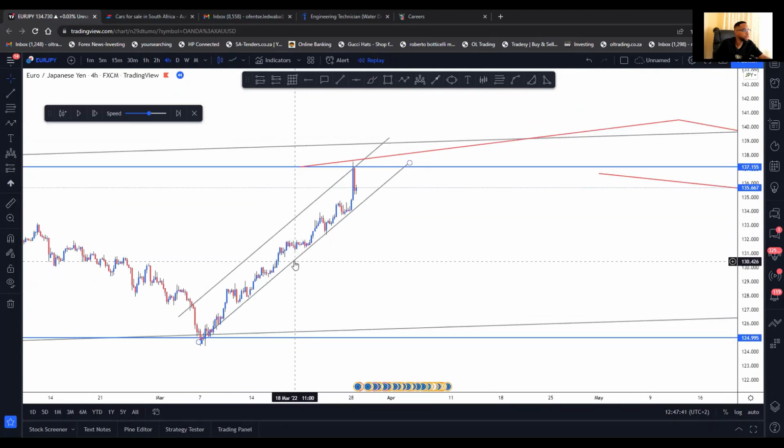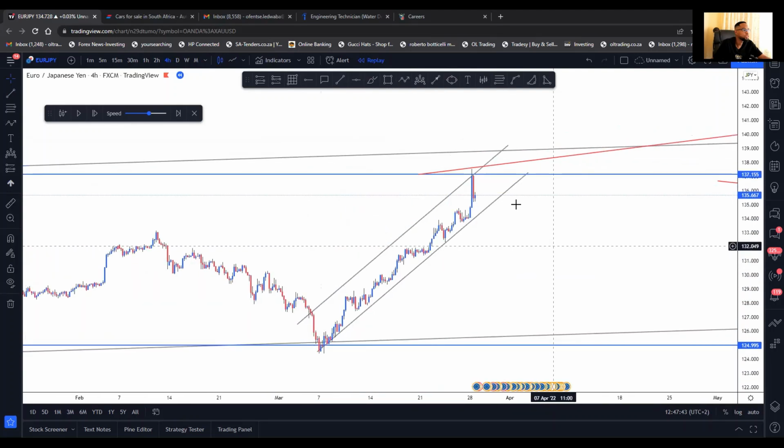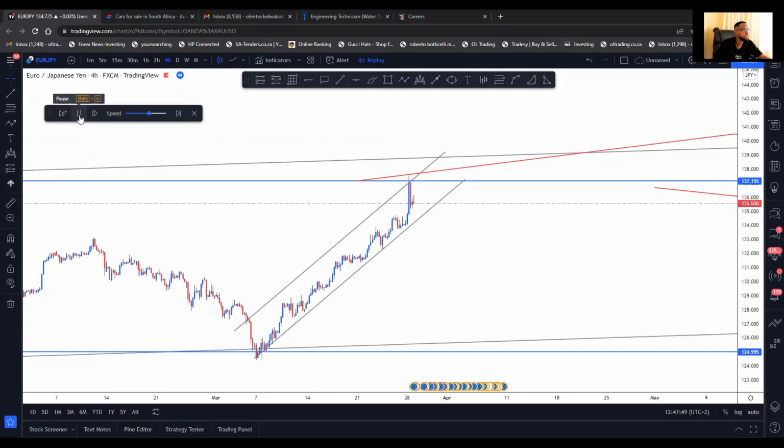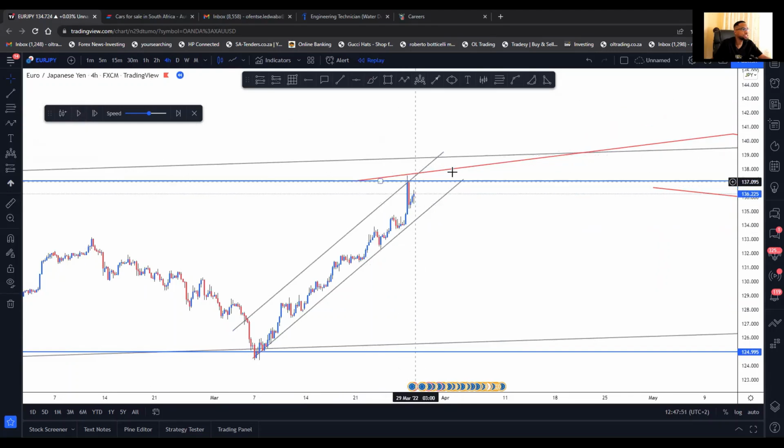Now we are having this move. Then this is the first line. For you to say this is going to sell, you must wait for this to break and retest.